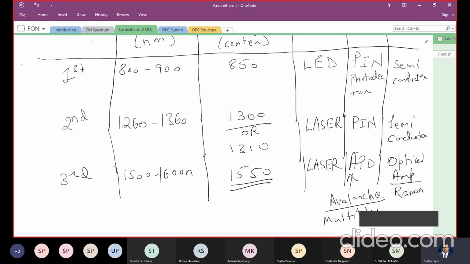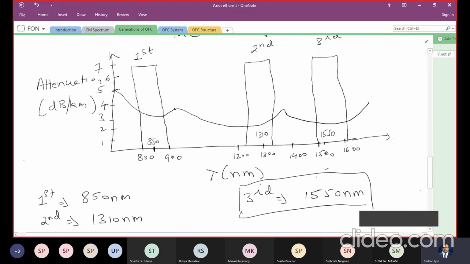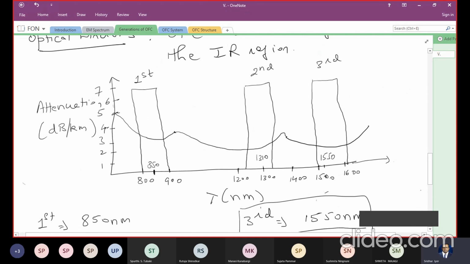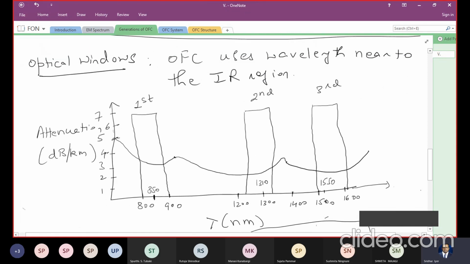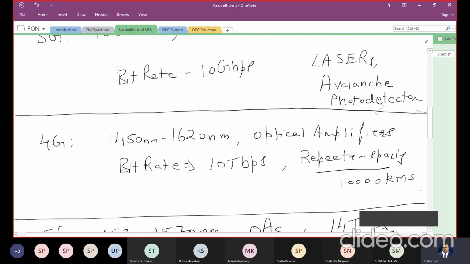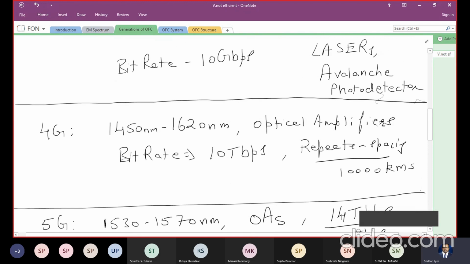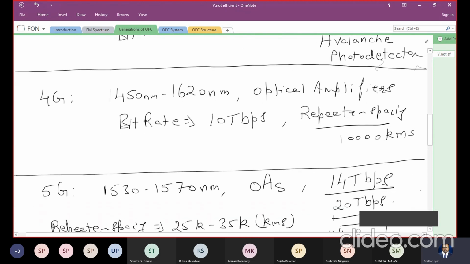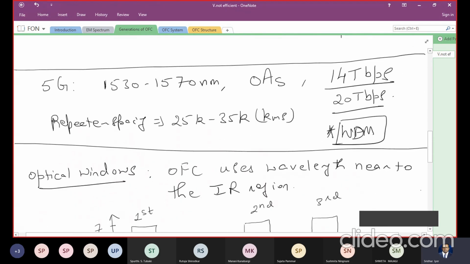There are 3 windows, but there are 5 generations. Windows basically tell you about the operation of the fiber, which wavelength the fiber is going to operate. However, the generations are how the optical fibers have evolved and what kind of advantages and facilities each generation gives to us. Right? So generation wise, we are at 5G.